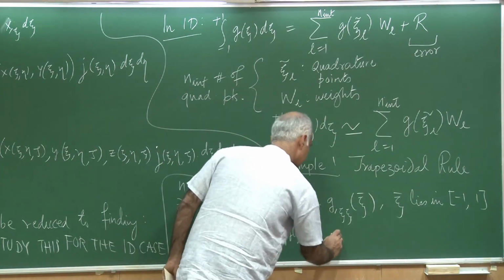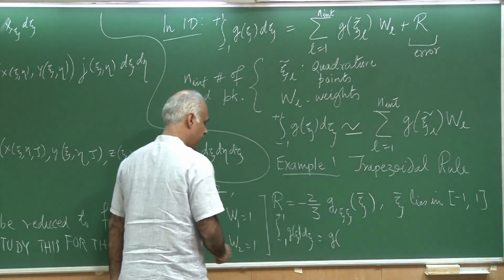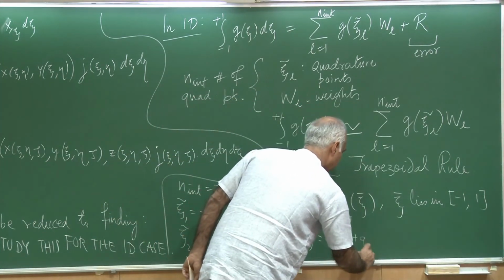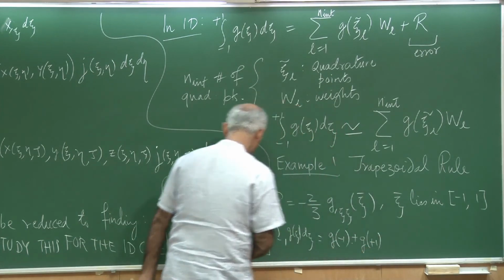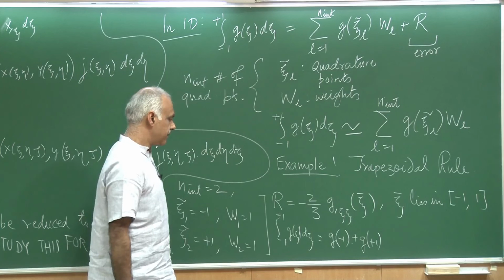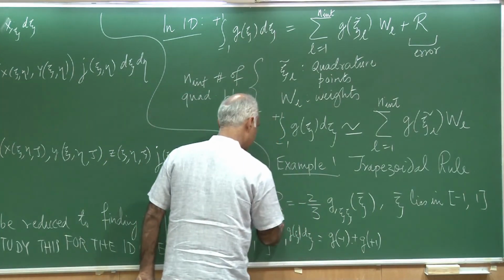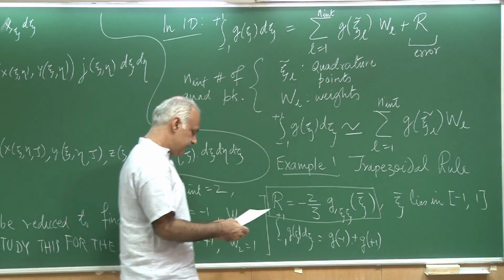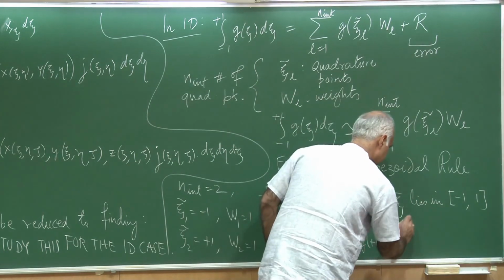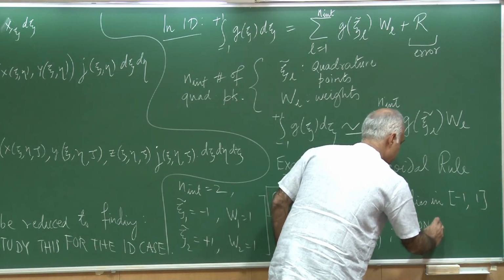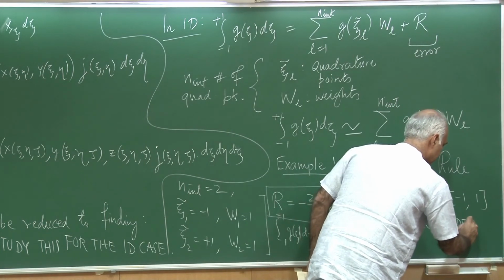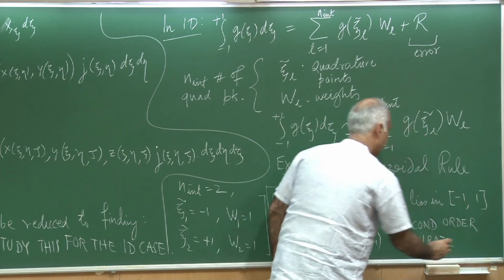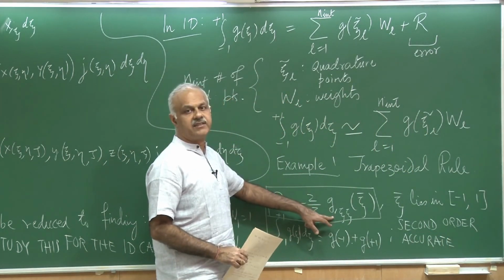The first one is -1, so I evaluate g at -1 and the weight is 1, plus I evaluate at +1 and again the weight is 1, and the error that I would incur is given by this expression. And right away we can see that this is a second order accurate method, simply because the error involves a second derivative.